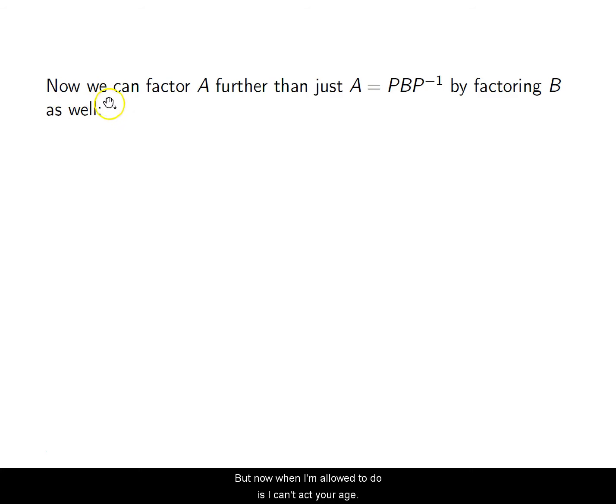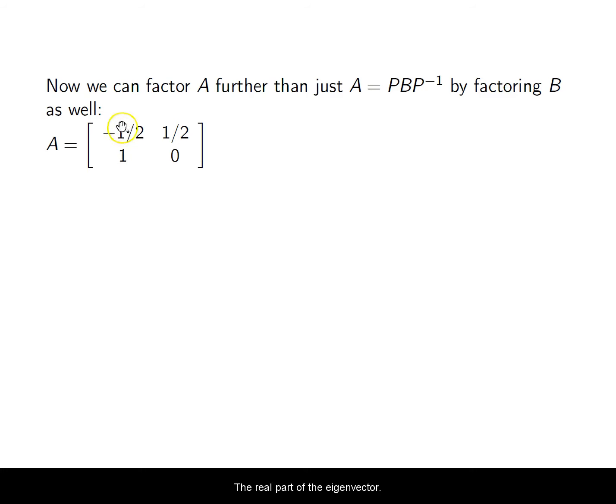But now what I'm allowed to do is factor A further than just A = PBP inverse by factoring B as well. So I have my P matrix. This is the real part of the eigenvector. The imaginary part of the eigenvector.